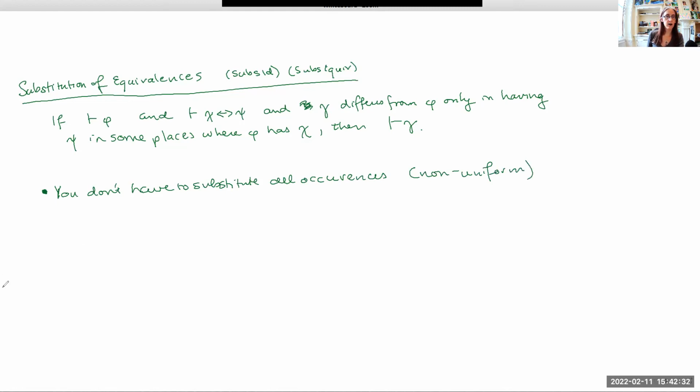And the other thing that makes it differ from uniform substitution is that you don't have to do the substitution on atoms. So I'm just going to give one example so that you can see how this works.